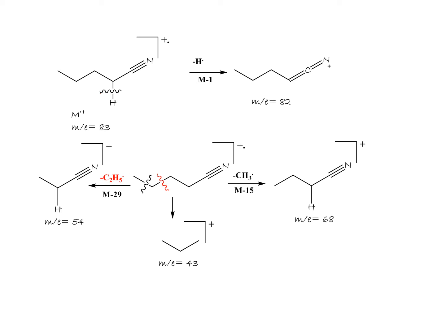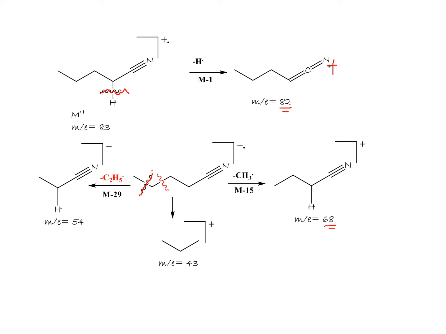Elimination of a hydrogen radical, you will end up with this ion at 82. If you eliminate methyl, you get a peak at 68.